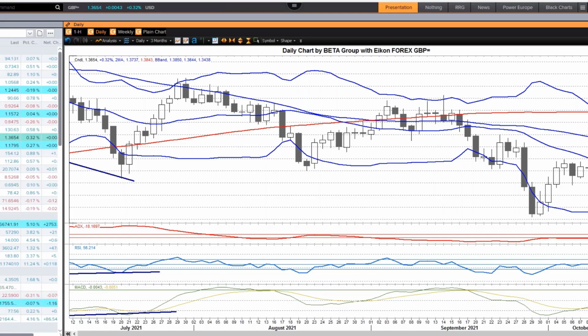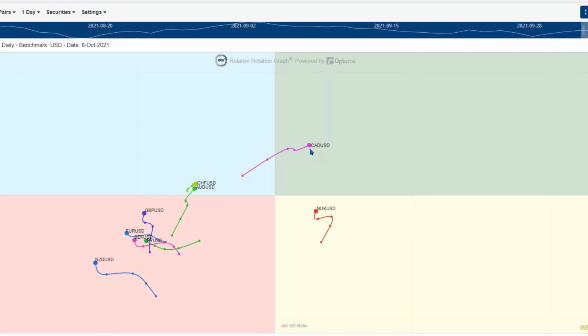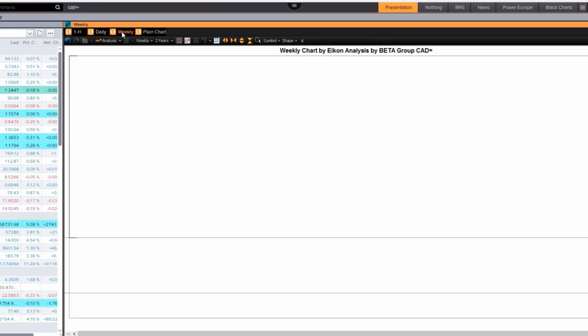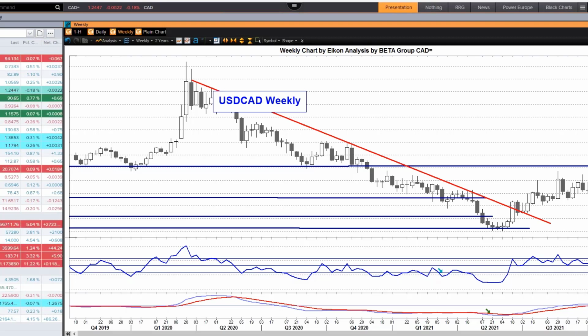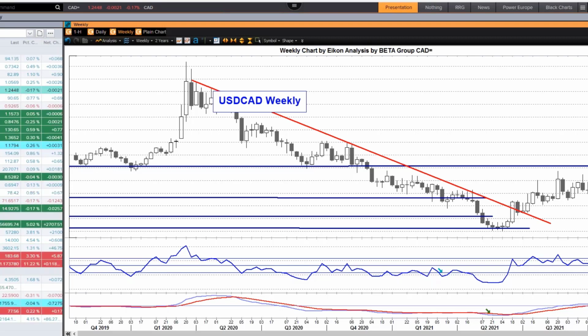Then moving to the Canadian dollar. Now you remember on the RRG chart here, the Canadian dollar up here and pointing northeast. Now how good is it actually here? So let's look on the weekly chart first of all. So this is the dollar itself. So this fall here is strengthening of the Canadian dollar, which we're seeing on the RRG chart, and it is strong.